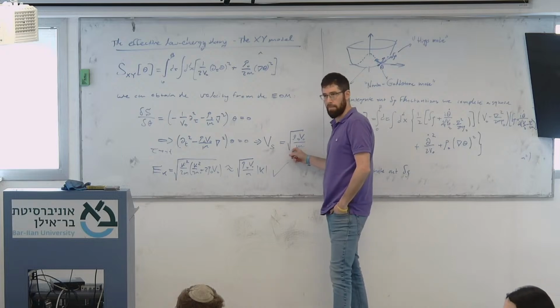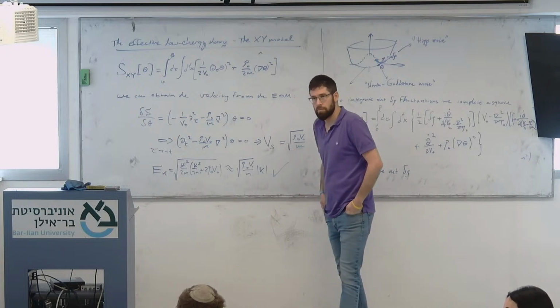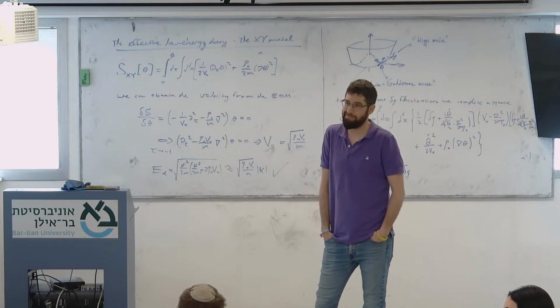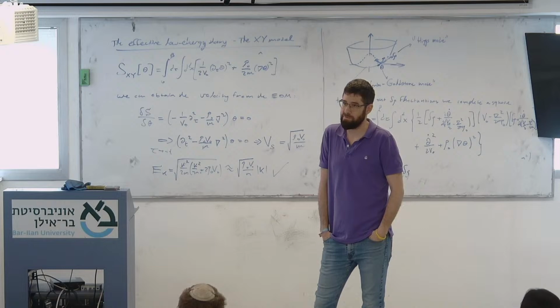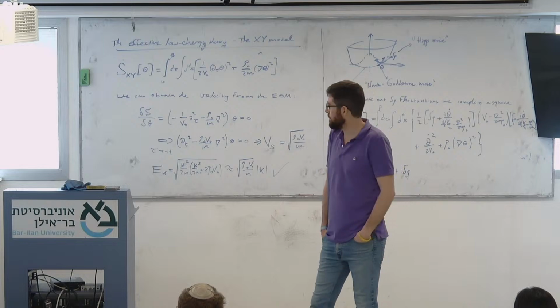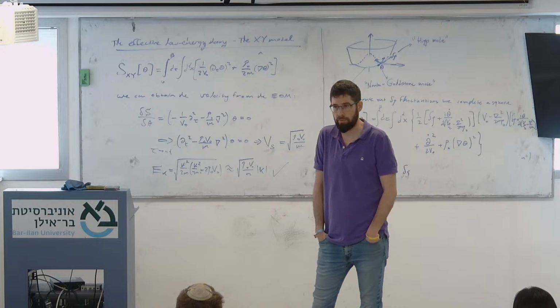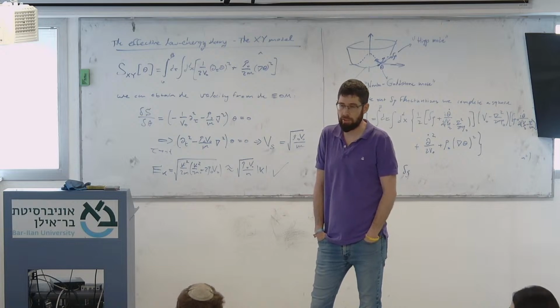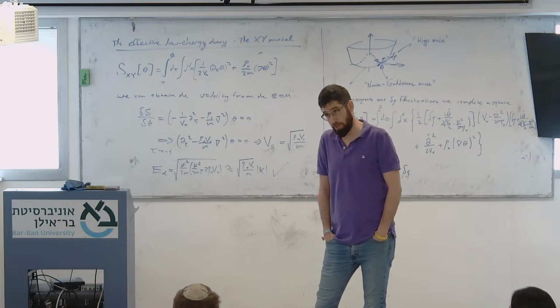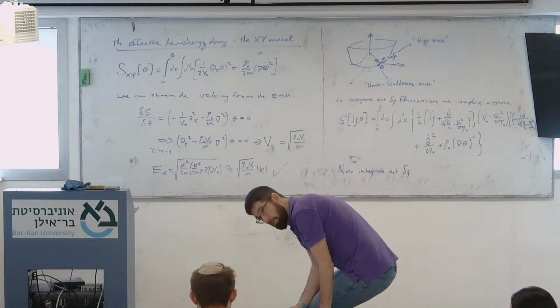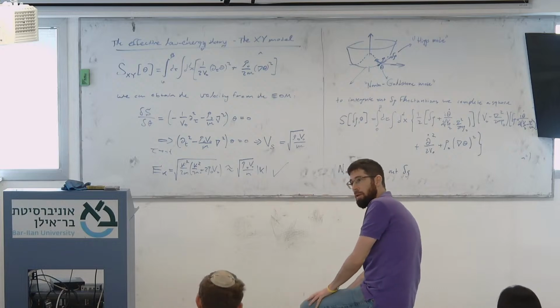Okay. Also, for the equation of motion, shouldn't we use the Lagrangian? Why do we use the action? I don't understand. It's the same thing. What's the difference? The action is an integral over the Lagrangian over time. You're talking about the Euler-Lagrange equation.